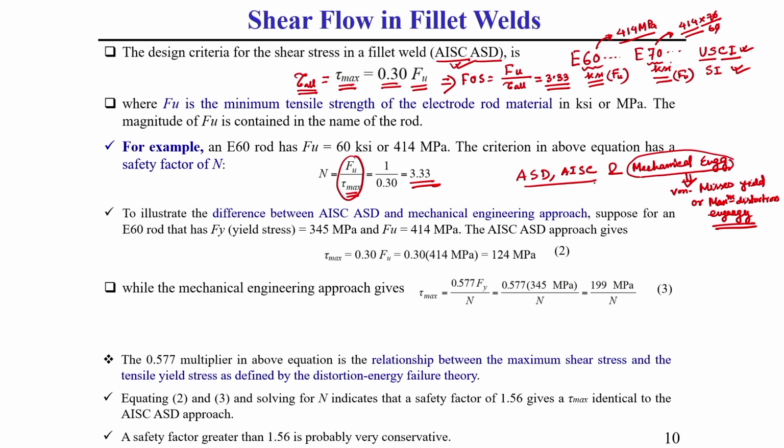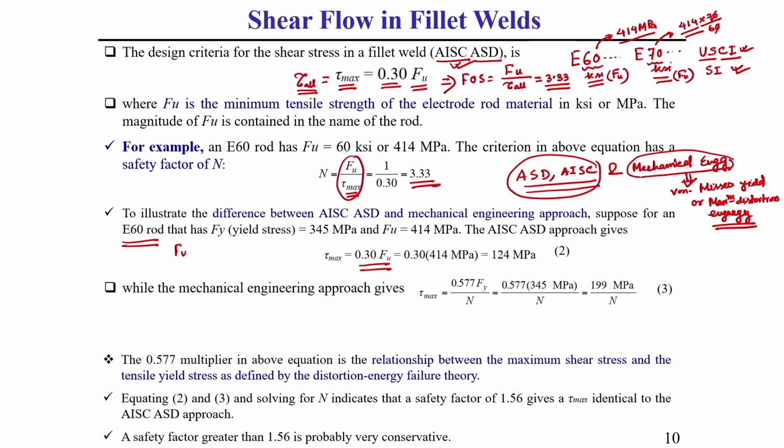Why do we generally follow the American Institute of Steel Construction standard for finding this allowable stress? This I will discuss. So, according to AISC ASD, tau max you can get as 0.3 into Fu for an electrode. Let us consider the first type of electrode, E60.